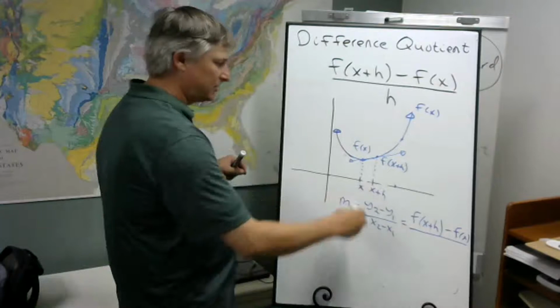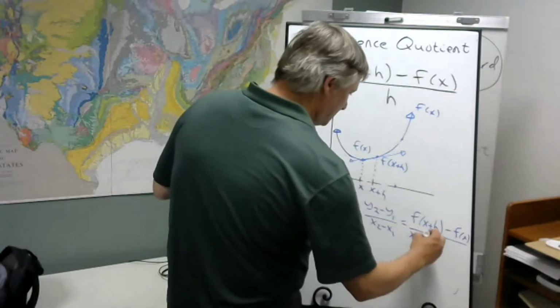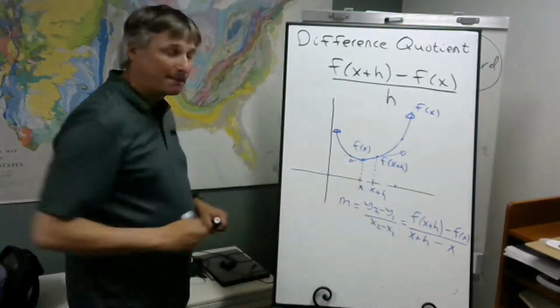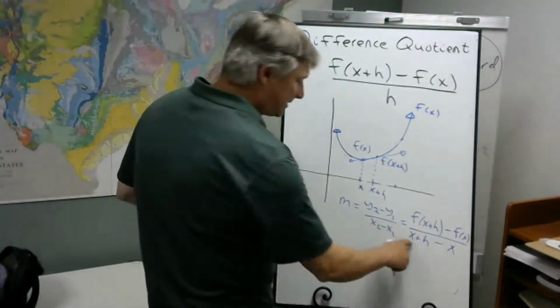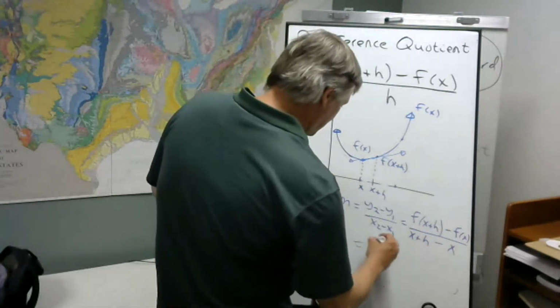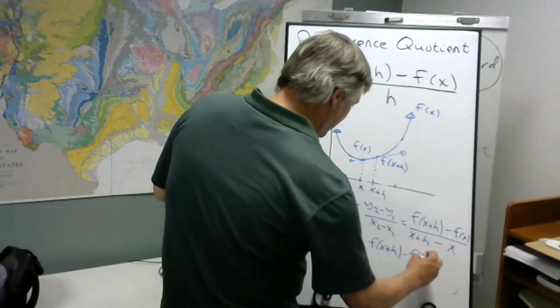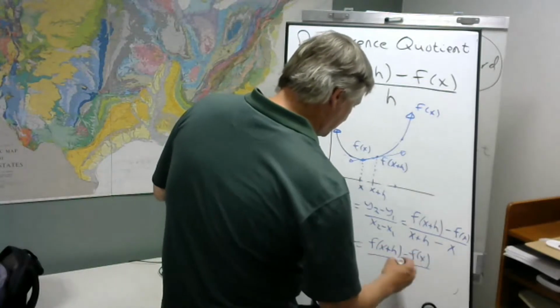And then x plus h is x2, and x is x1. Here you have x plus h minus x, which is just h. So you have f of x plus h minus f of x over just h.